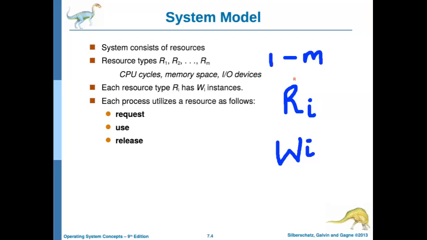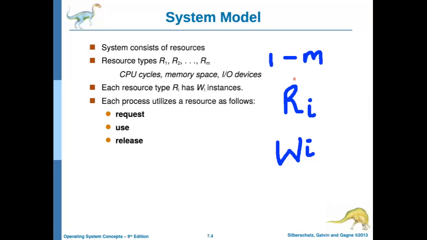So if there are say 10 resources, I can say R1, R2, R3, R4 up to R10. Here the upper limit is m. Okay. So m denotes the number of resource types, and out of that, individual resource types will be denoted by R1, R2, R3 up to Rm. Okay. Let us call it in a generic way Ri.